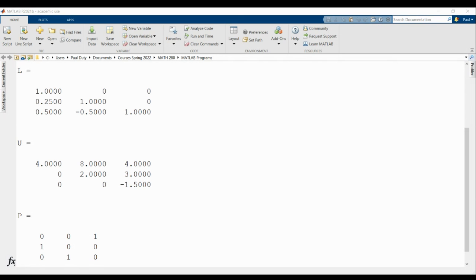And there really is a very nice quality that we can really use this permuted LU factorization to help us actually find the determinant of a matrix A. And let me show you how here.